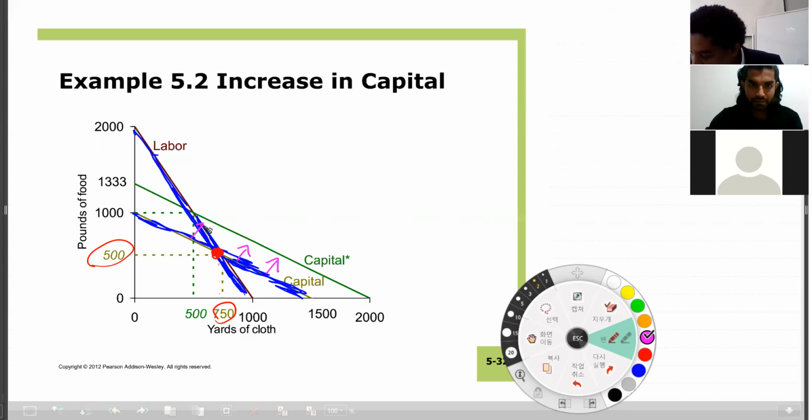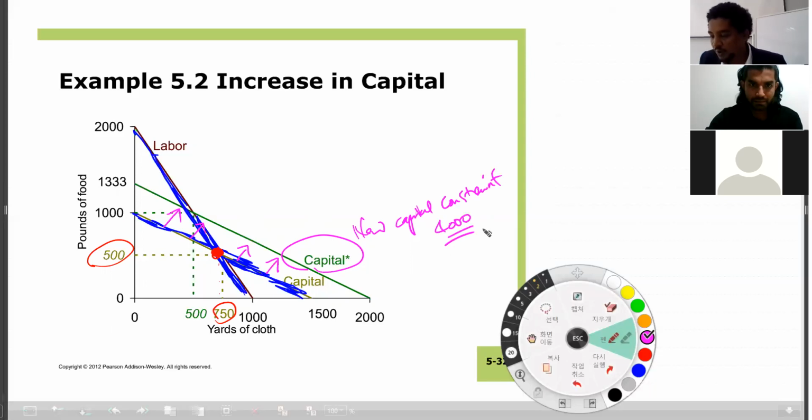Now what we have done here is increase capital from 3,000 to 4,000. That has shifted the capital constraint graph to the right, so this is our new capital constraint graph with 4,000 units of capital.